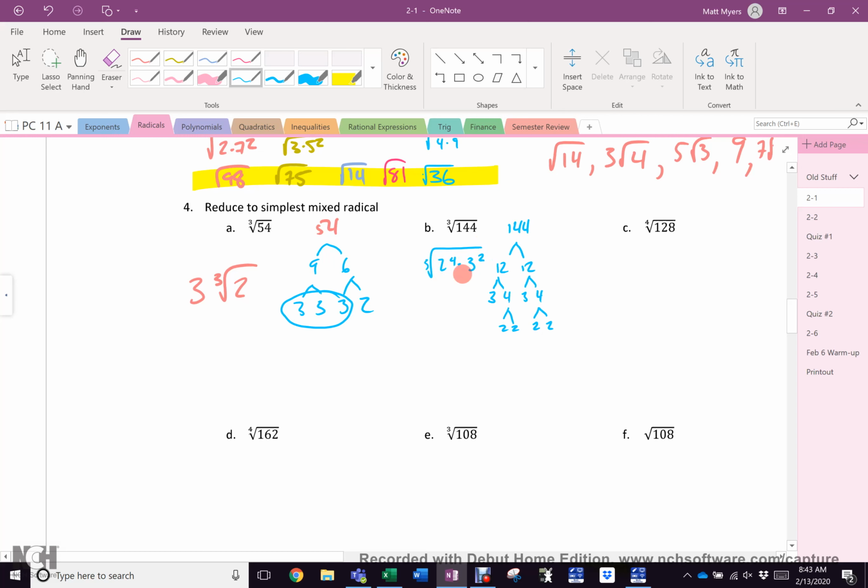What is the only group of 3 I can get out of there? 2. And I had to leave 1 2 under there and 2 3s. So 2 times 3 squared. What is 2 times 3 squared?